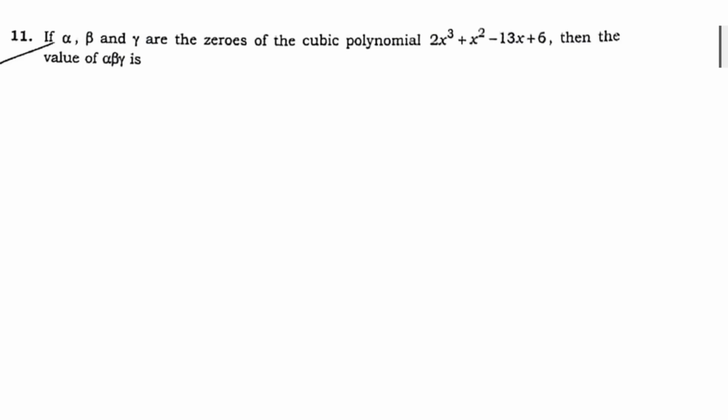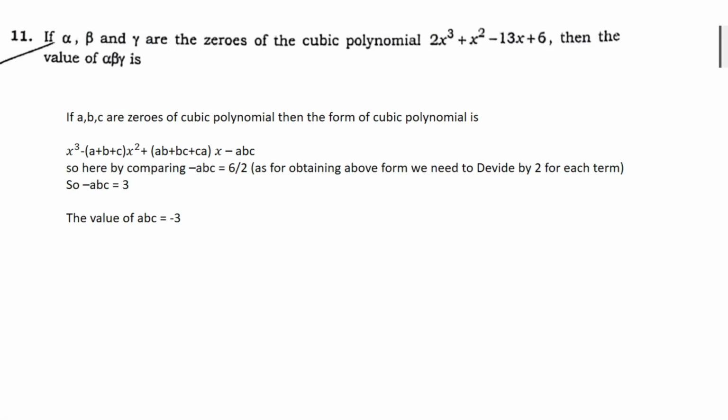So next question, if alpha, beta and gamma are the zeros of the cubic polynomial 2x cube plus x square minus 13x plus 6, then the value of alpha beta gamma is. Okay, same process as the previous question. If a, b, c are zeros of a cubic polynomial, then the form of the cubic polynomial is x cube minus (a plus b plus c) into x square plus (ab plus bc plus ca) into x minus abc.